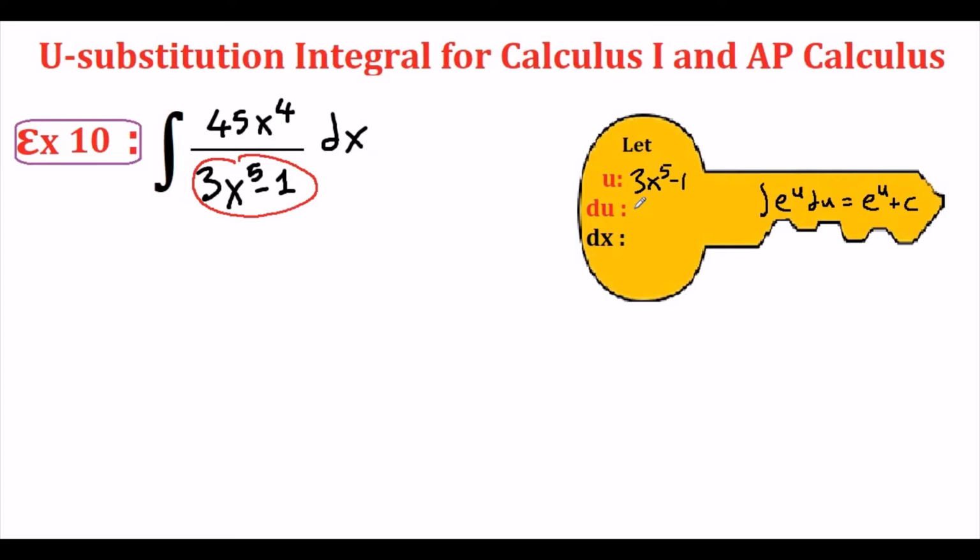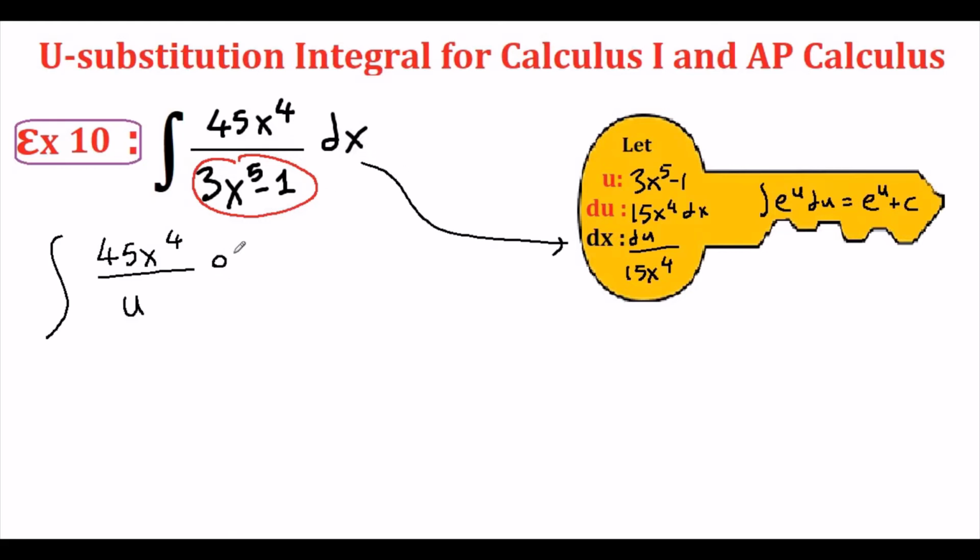Then the derivative of this will be 15x to the 4 dx. And if you solve for dx here, it's going to be du over 15x to the 4. Now let's rewrite everything in terms of u. We have 45x to the 4 on the numerator. In the denominator, we're going to write u, and instead of dx, we're going to write du over 15x to the 4.